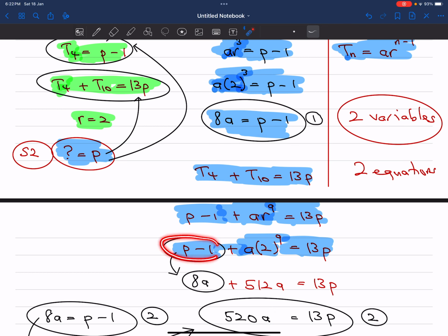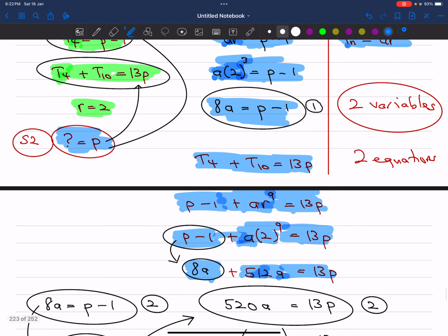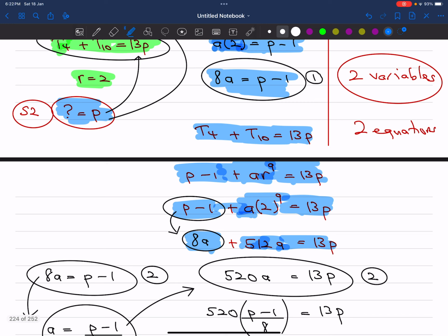We already got that P minus 1 is 8A. So I replace it with 8A. And then 2 power 9, use calculator, 512 times A equals 13P. So 8A plus 512A, you get 520A equals 13P.